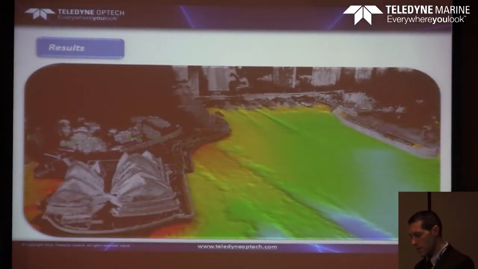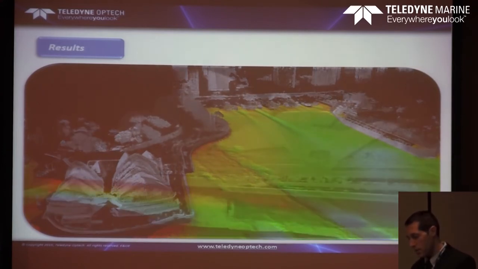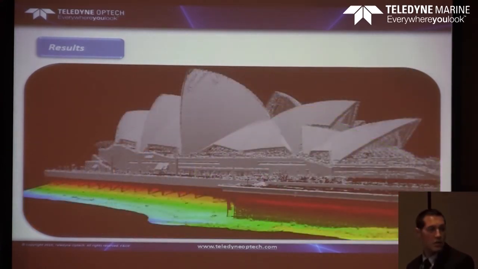So this is another view of the Sydney Harbour, and this is exactly what I was talking about. If you really want a seamless integration between the data sets, that's what they do. They tilt the multi-beam 30 degrees, and this way the multi-beam can get data up to the water level.